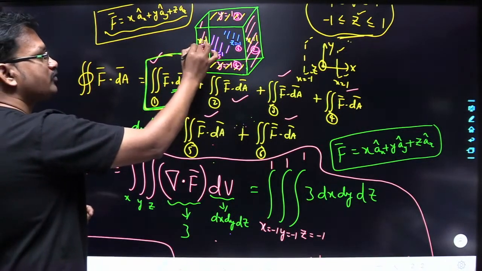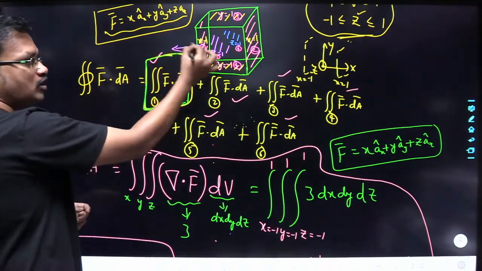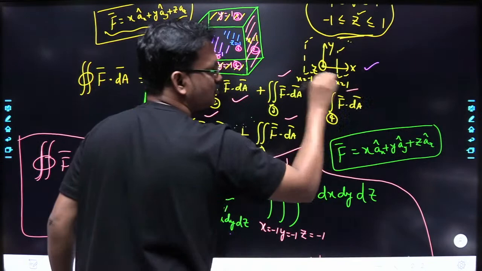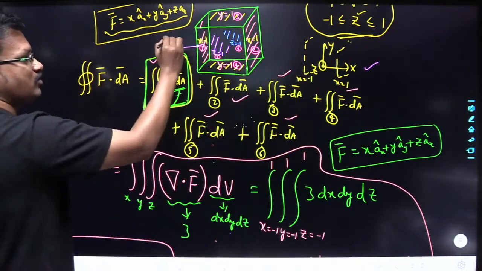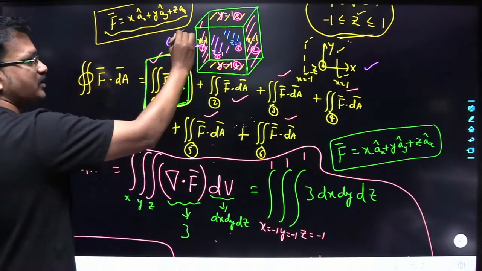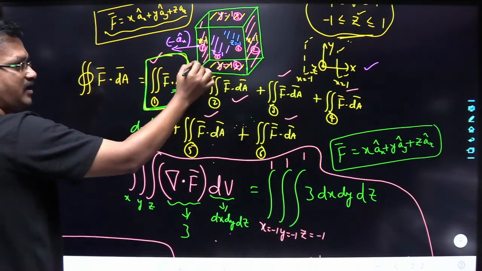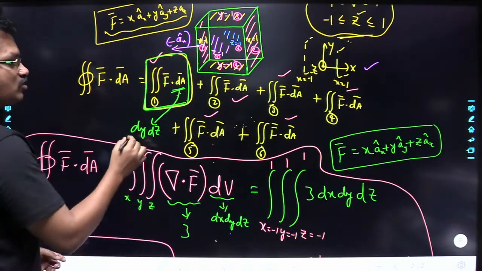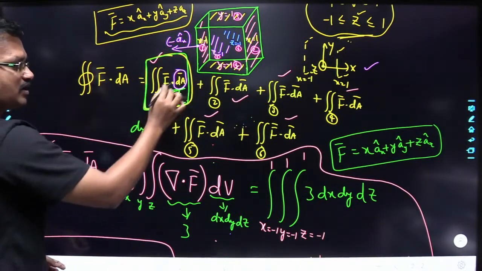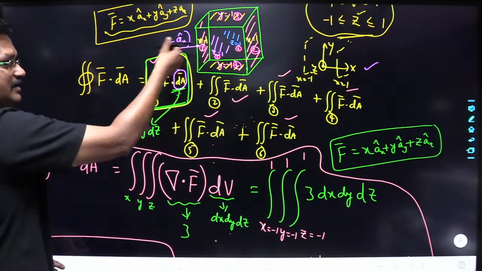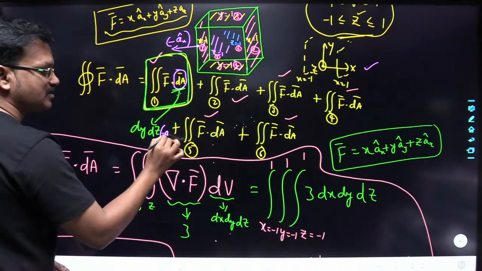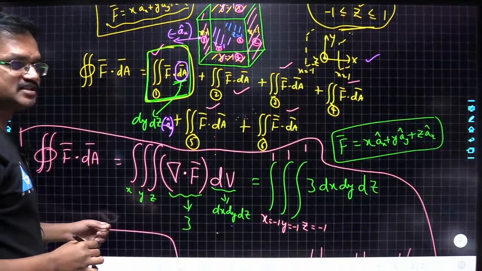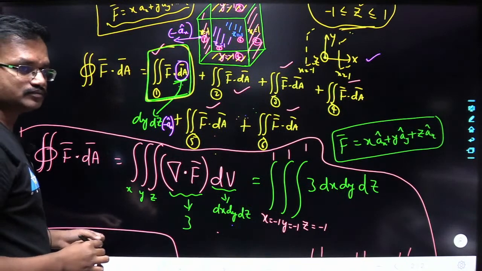This is the x direction, so the outward normal is going to be in the minus ax cap direction. That means this dA bar is nothing but dy dz, and its direction is minus ax cap. Is this clear here? Yes or no?